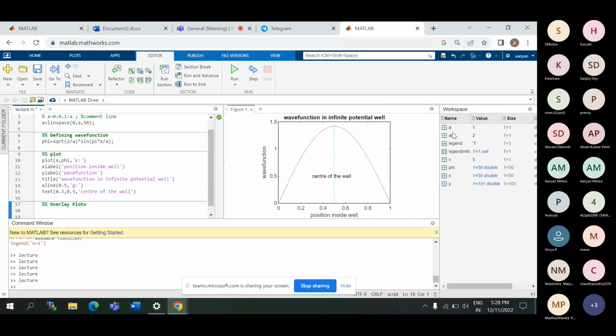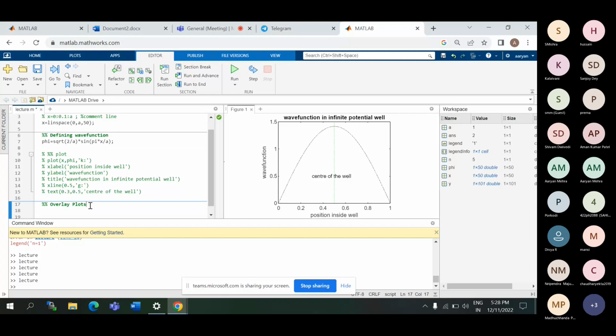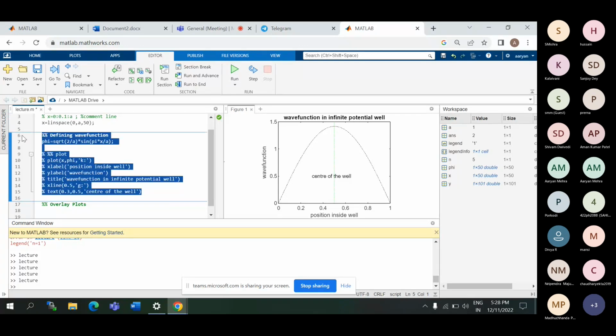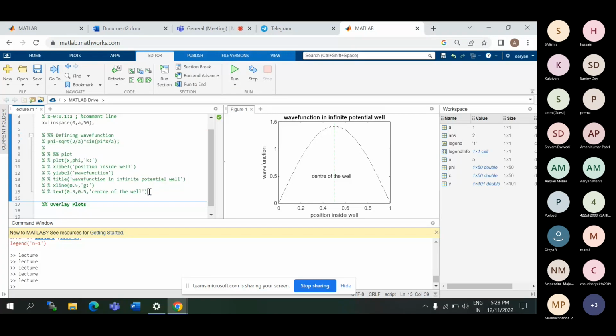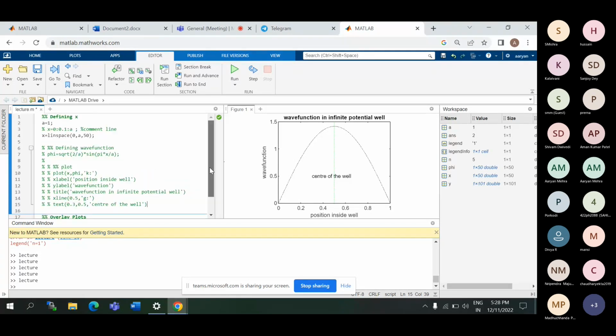So before I do that, since I want to move to the next section, let's comment this section. It means I don't want MATLAB to read this section. Okay, so this is a commented section. Now MATLAB will not read this, but MATLAB will read your a is 1, your x is 0 to a in 50 steps.